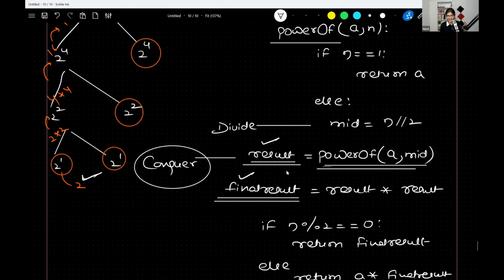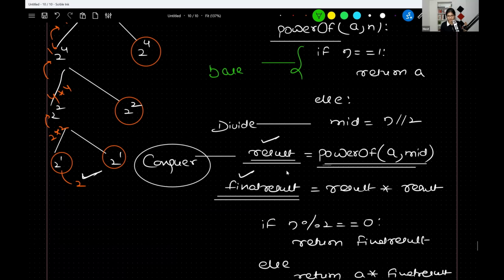This is what we call the base case condition. I will keep splitting until my value of n becomes 1. This is where I directly return my answer, because anything to the power of 1 is a itself. So I'll return the answer as 2.